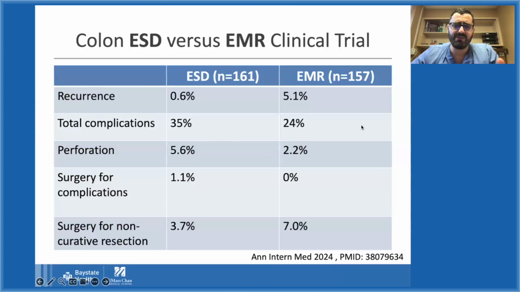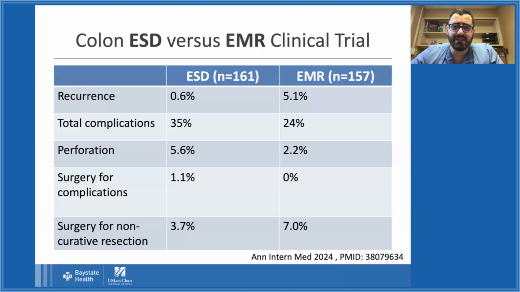And looking at those numbers, it sounds like it's a lot of complication risk, but most of those complications are very minimal. I looked into the paper, nothing major. And the perforation risk, however, in the ESD group is higher than the EMR group, as we said earlier, mostly because I'm using a knife with a free hand, so it can be very technical and very challenging.